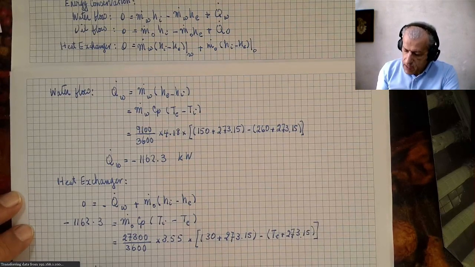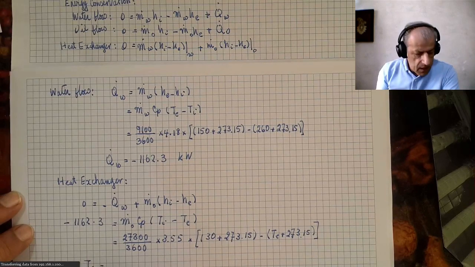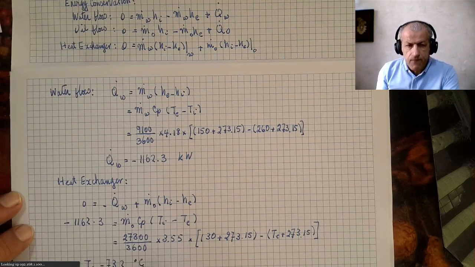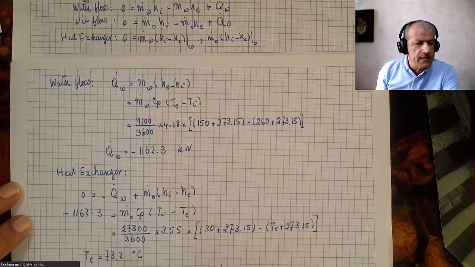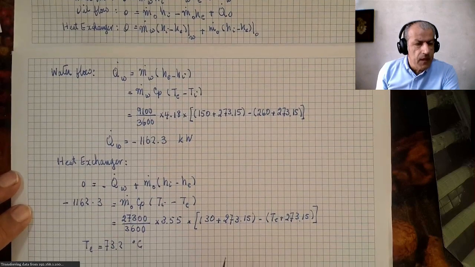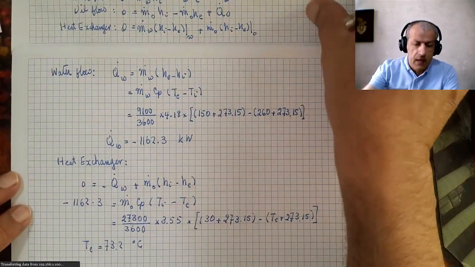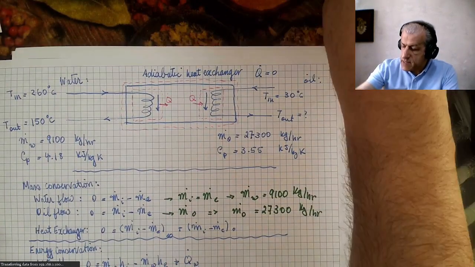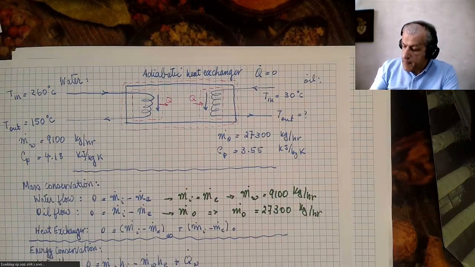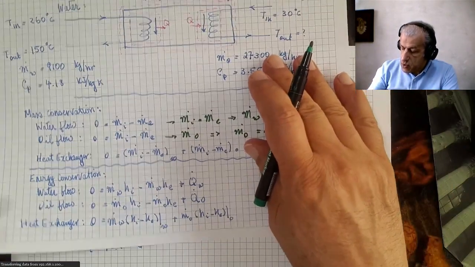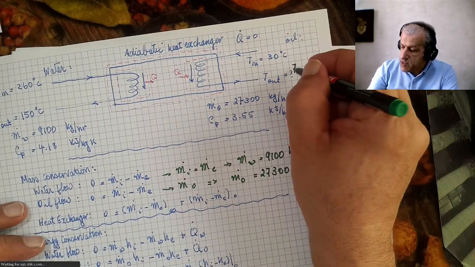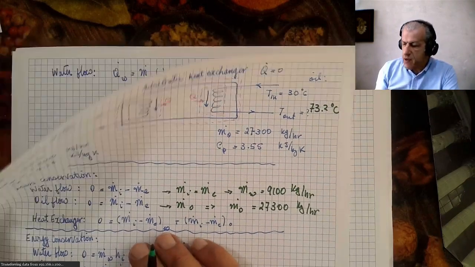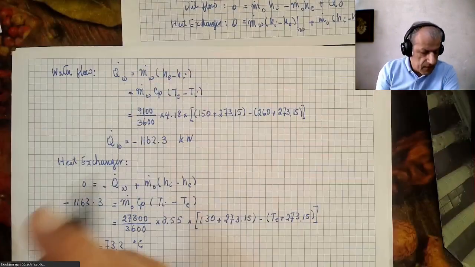And the outcome for TE, the exit temperature, is 73.2 degrees C, which is the exit temperature for the oil side. I could write it here, that now we know that the exit temperature for the oil side is 73.2 degrees C. This is the value we have now calculated, and we know it.